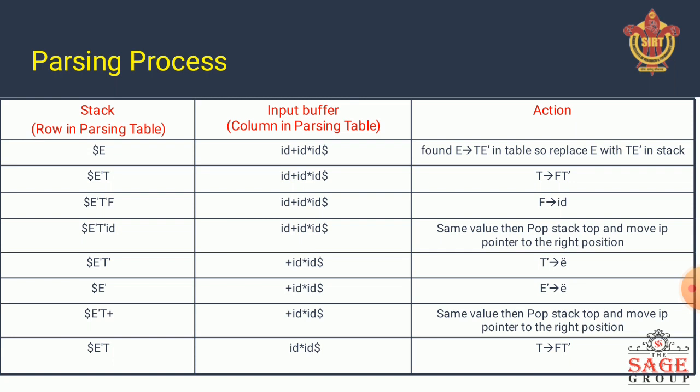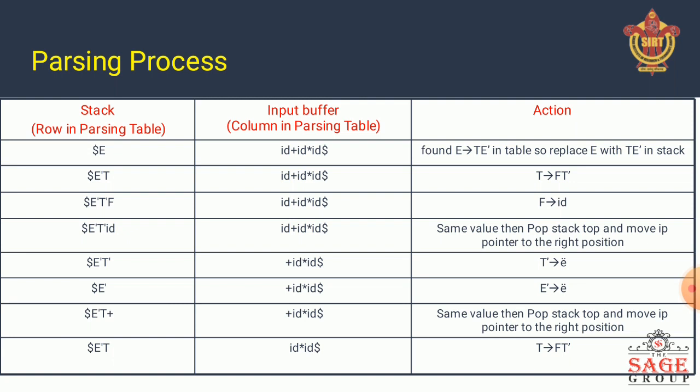So we pop F and push id into the stack, and now we find that the stack top is id and the input pointer is also id. When we find the same value at the stack top and the input pointer, we pop the stack top and move the input pointer one position to the right.